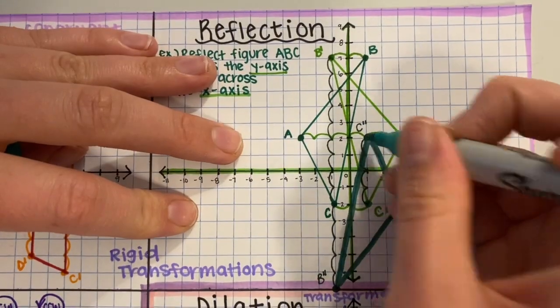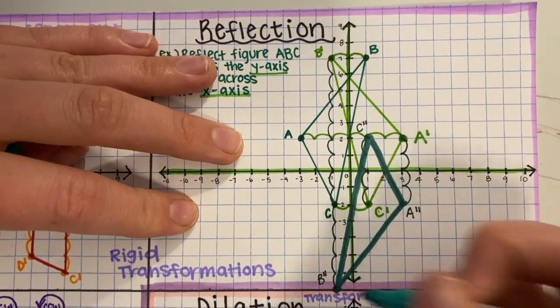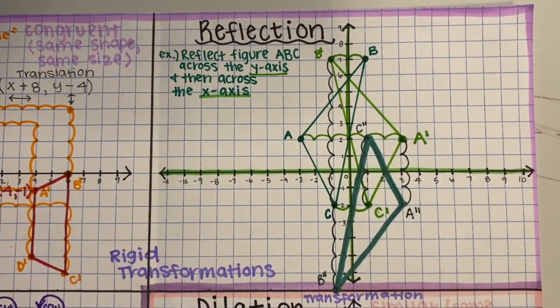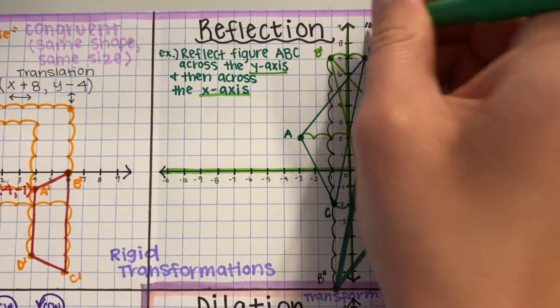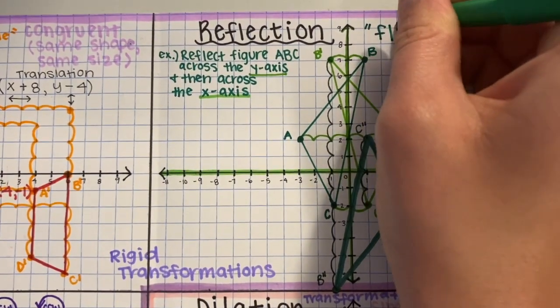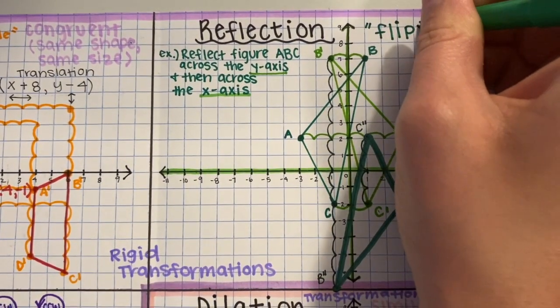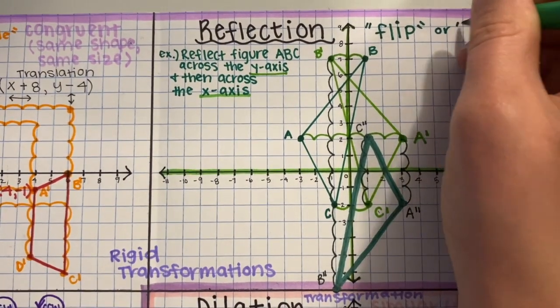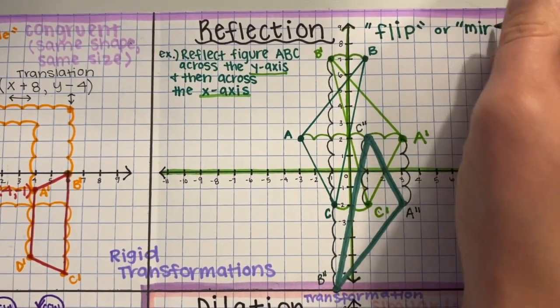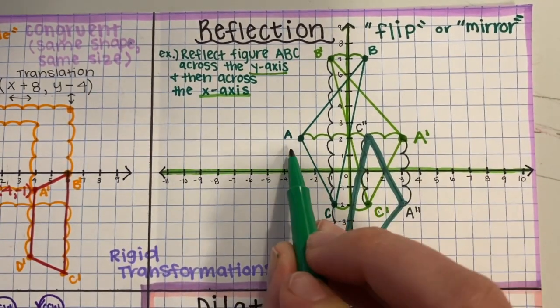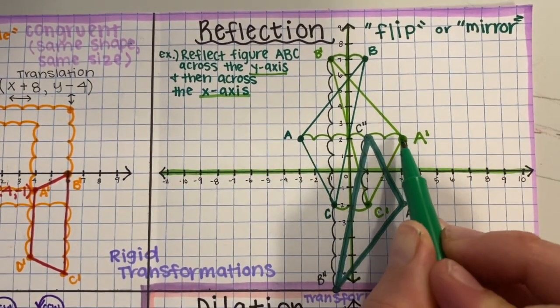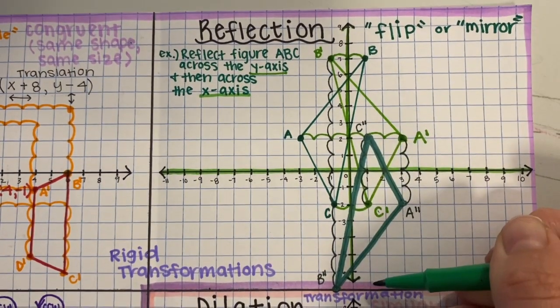So that is after we have flipped or reflected. That's our keyword. I did not write that earlier. So we're calling this our flip, or you can call it your mirror. We mirrored or flipped across Y and then across X.